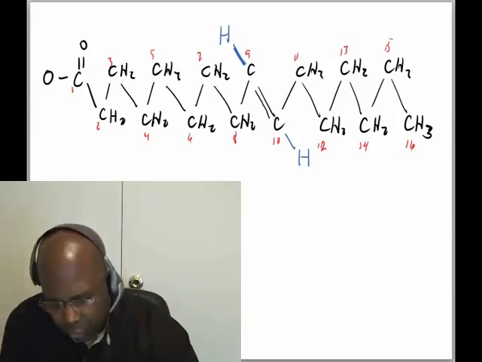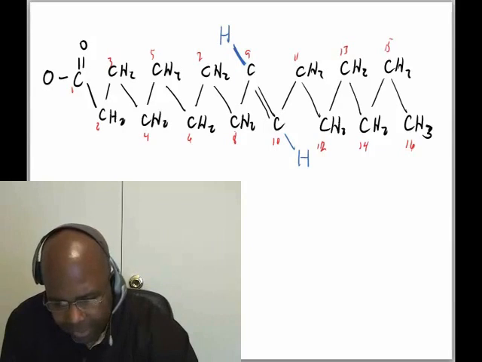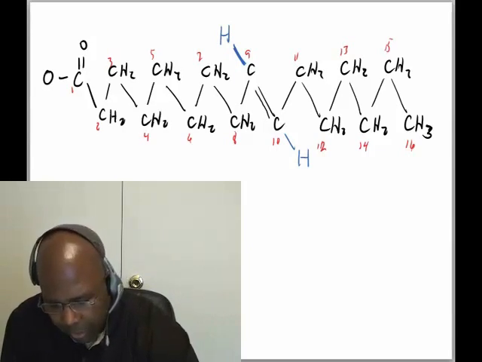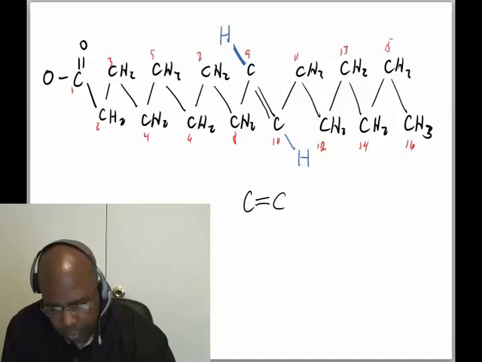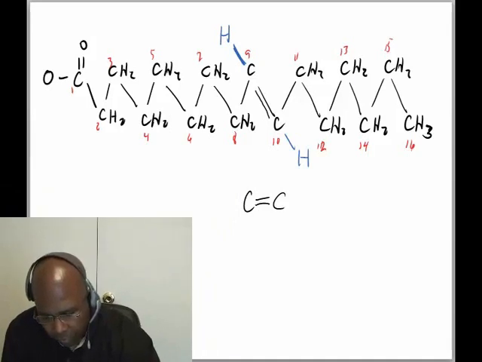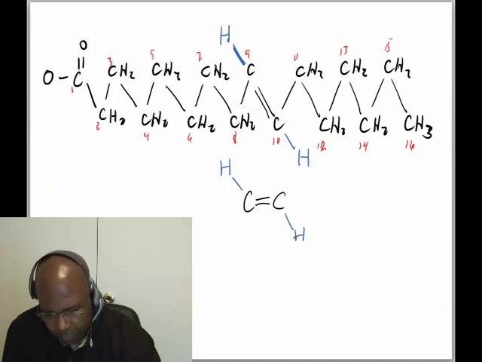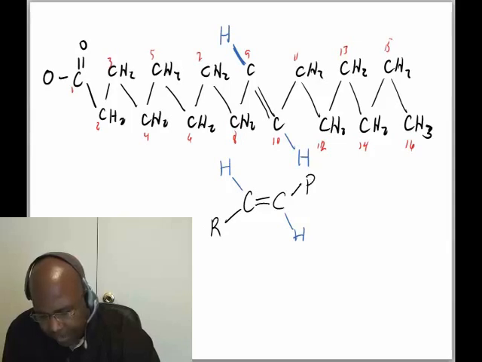If I drew just this double bond out, the way I have it drawn, this H is going here, this H is going down, and the rest of the hydrocarbon chain is on the opposite side.